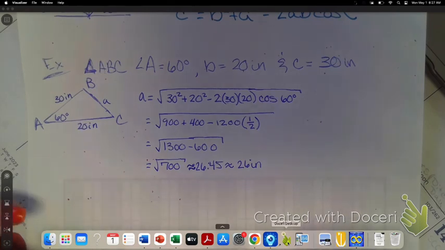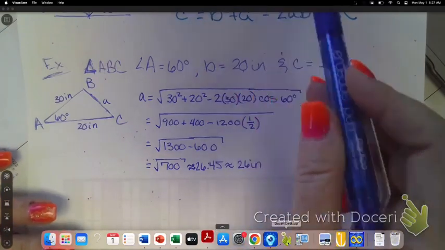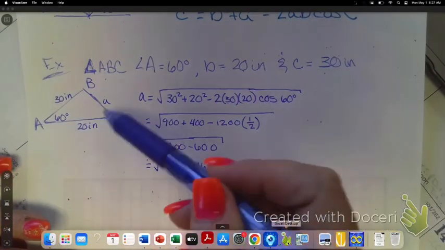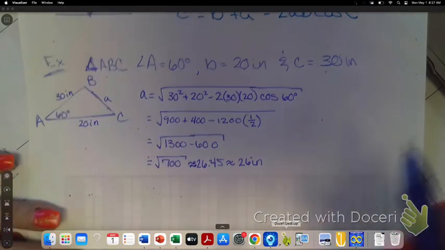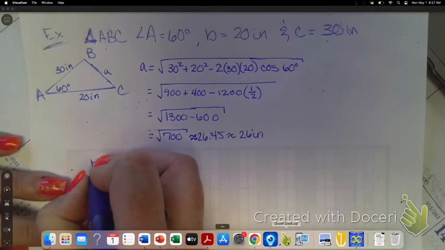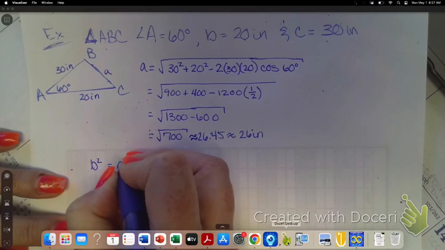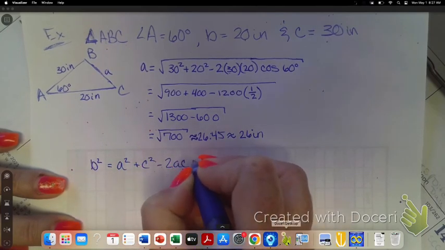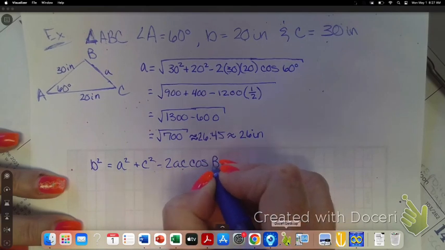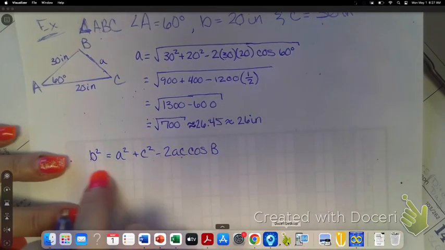Okay? So we're going to take this formula up here. And which angle do you want to do? B? Sound good? Okay. So if I have b squared equals a squared plus c squared minus 2ac cosine of B, how do I solve this?